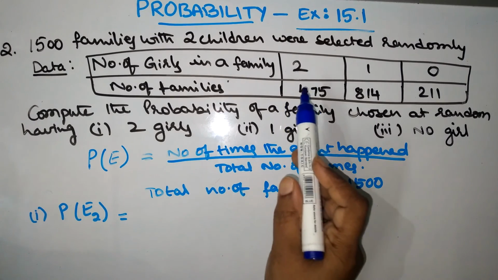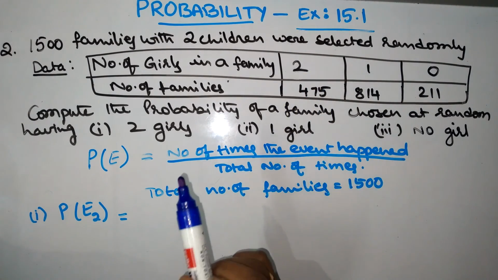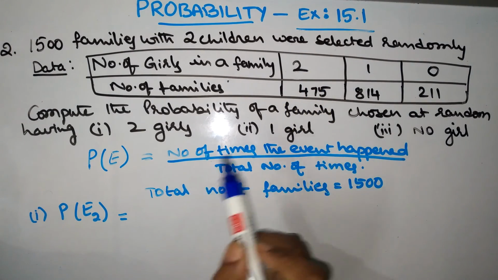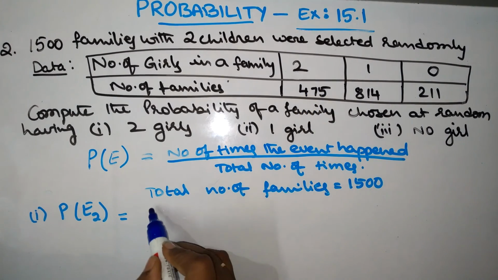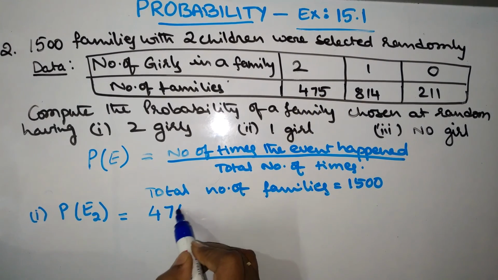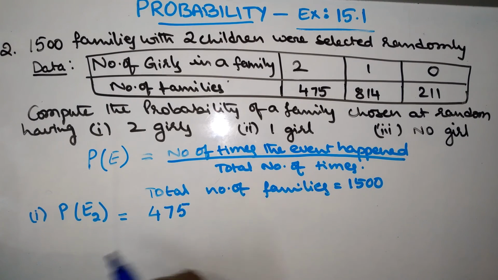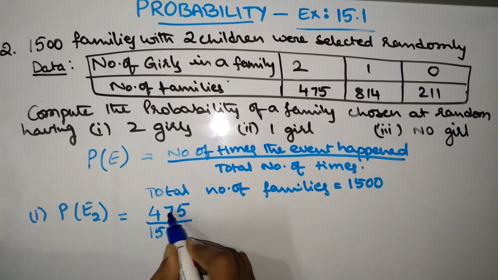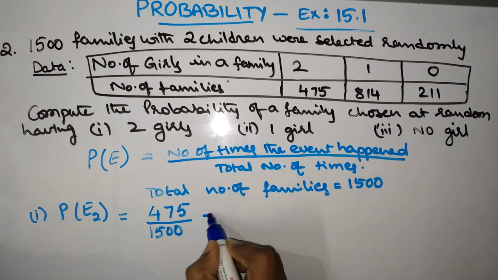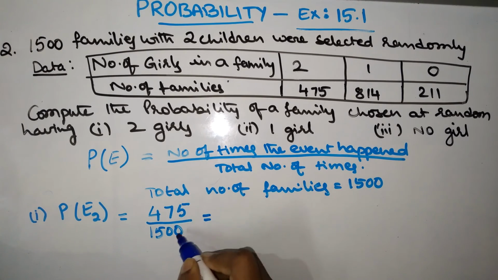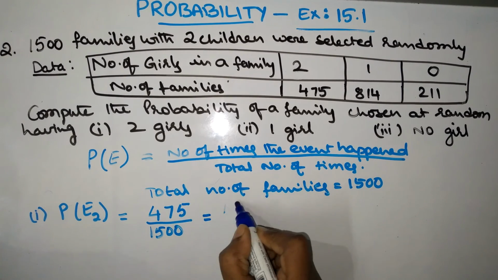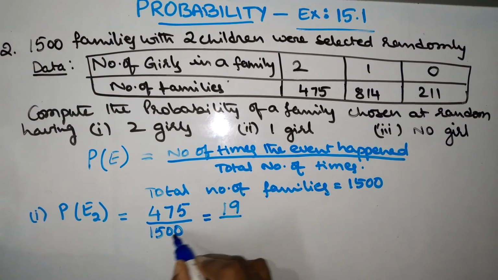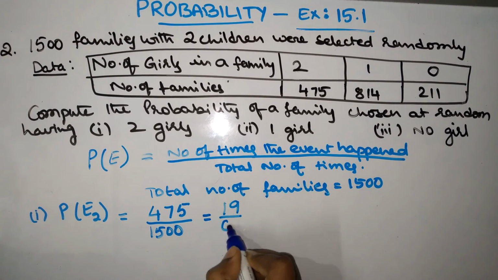The first case is the probability of having 2 girls, P of E2, is equal to, how many families are having 2 girls? That event happened in 475 families. And what is the total number of families here? 1500. So 475 by 1500. Cancel it out with 25. You get 19 by 60.